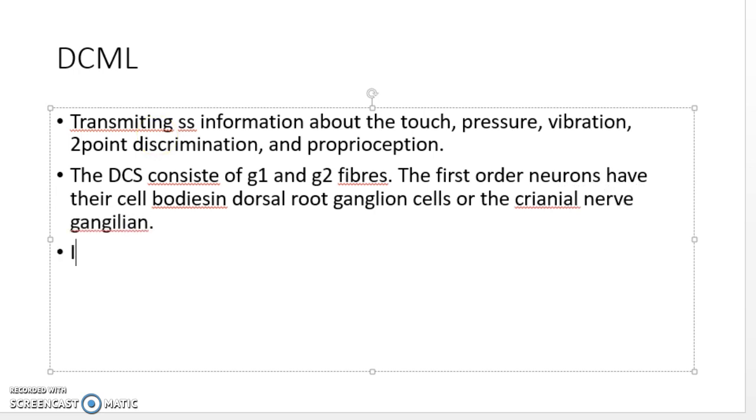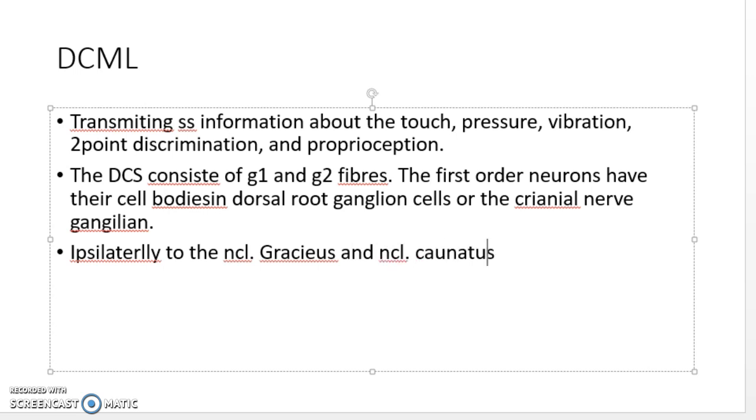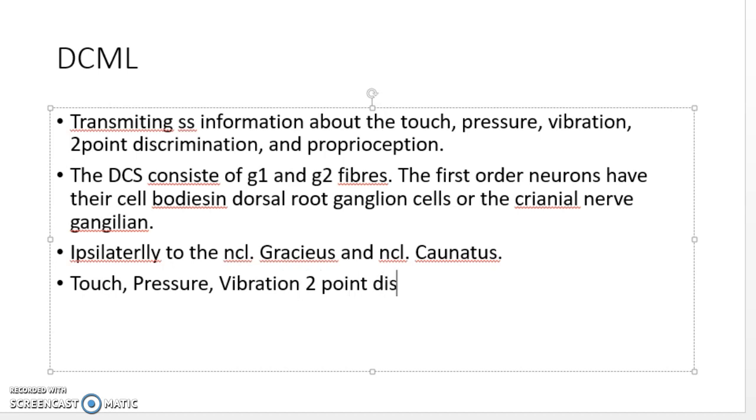They go ipsilaterally to the nucleus gracilis and the nucleus cuneatus. And then, as we know, we know about the third and the fourth. The main thing I want to tell you is that it's anything fast. So what's fast? Touch, very fast. Pressure, fast. Vibrations, you know how fast vibrations are. And then 2-point discrimination and proprioception. You need to be very fast on this.